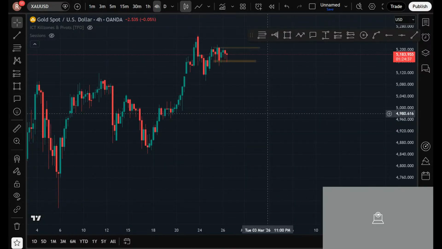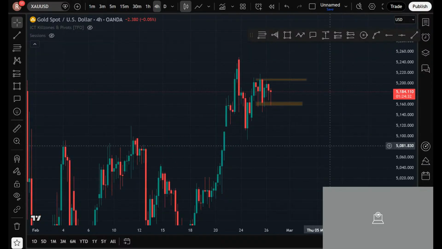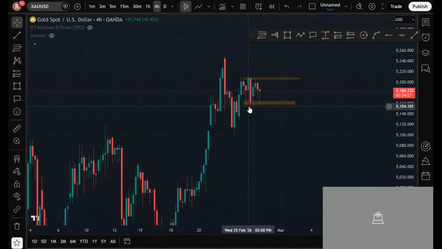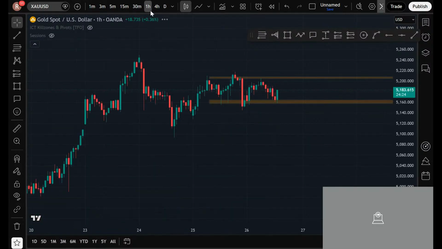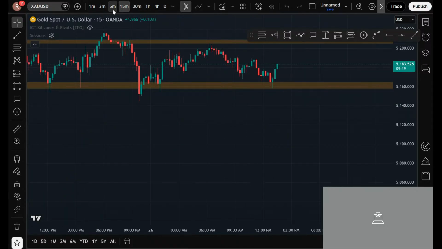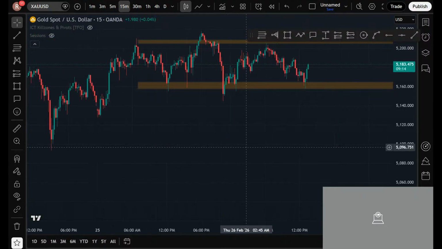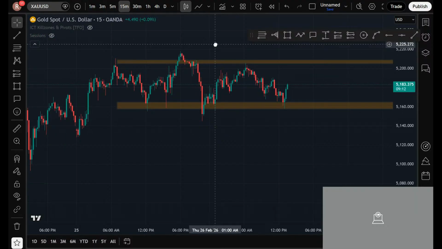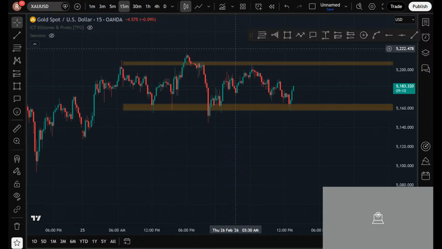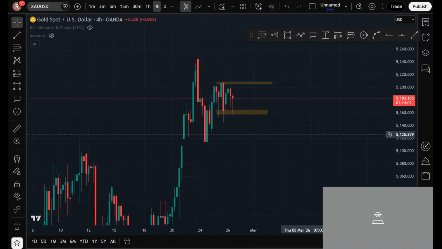So gold looks pretty much like a ranging market. It's too much ranging. What I can see on 15-minute time frame. So look, I can't force my trades to be taken, right? I can't force my trades to be taken.